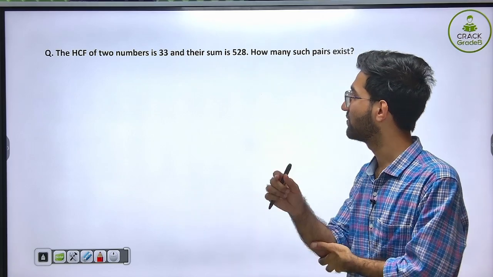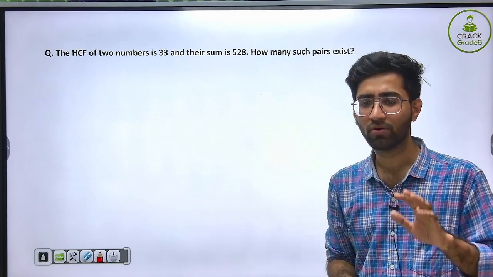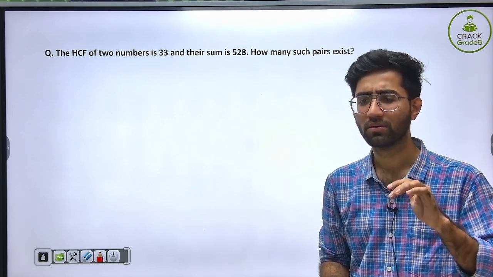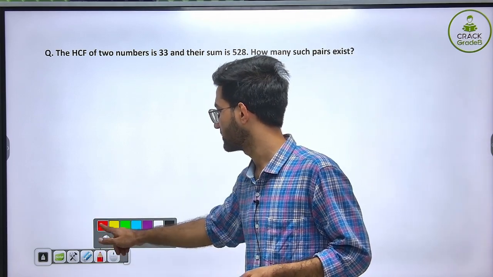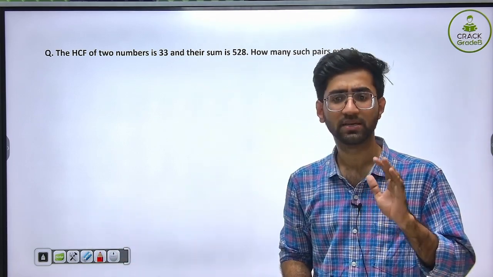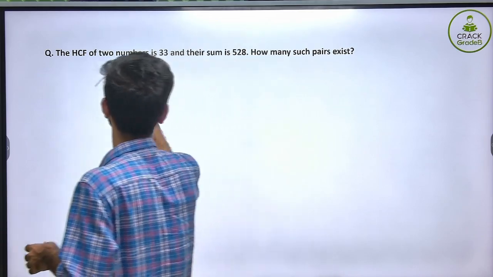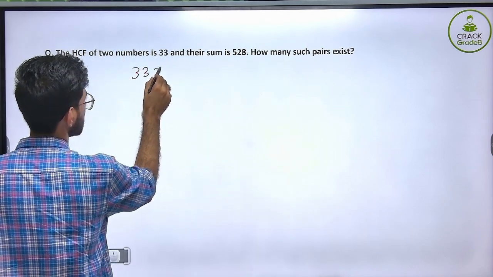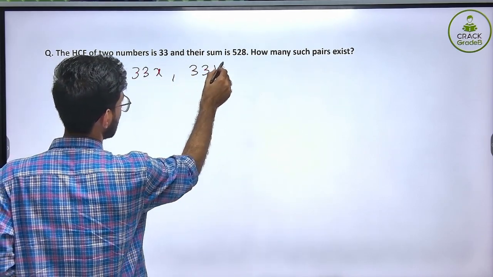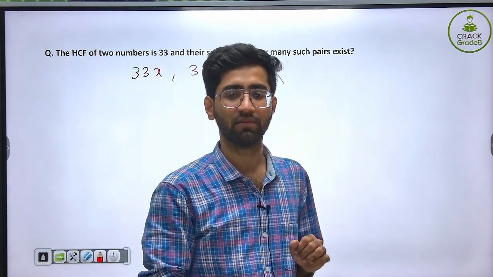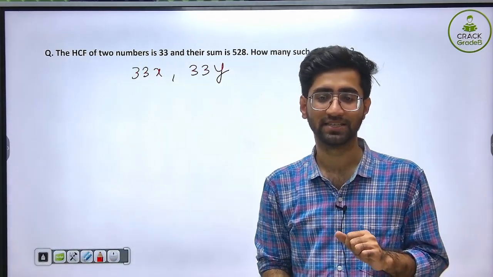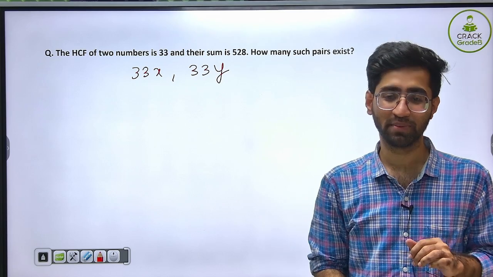The HCF of two numbers is 33. From now, remember that if I say that the HCF of two numbers is 33, you can assume that those two numbers are 33x and 33y. What is the meaning of HCF?